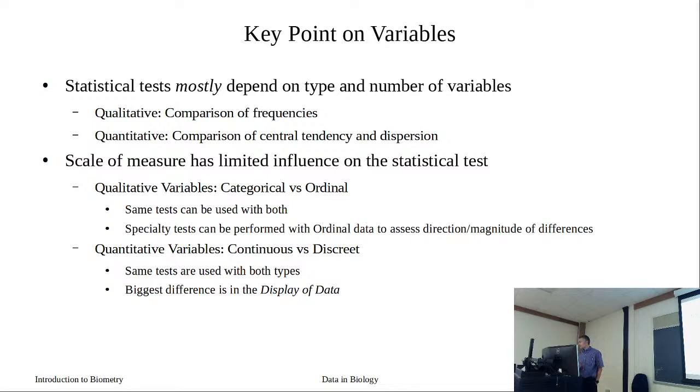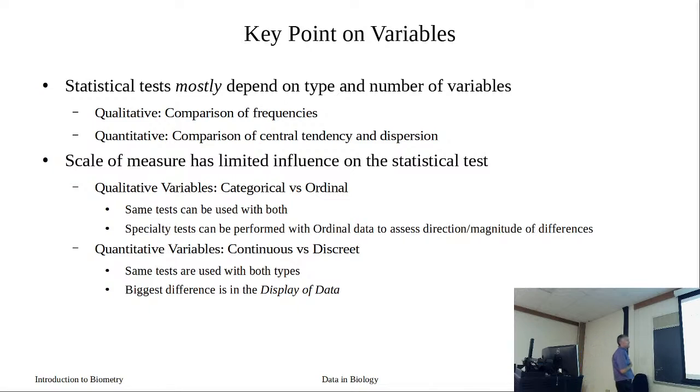So we're comparing maybe means, averages, or we're comparing variances, and we're doing tests that allow us to do that sort of stuff. The scale of the measure, however, has very limited influence on the test itself. So whether it's ratio or interval, we don't really care. Most of our tests, if they work with interval, they'll work with ratio and vice versa.